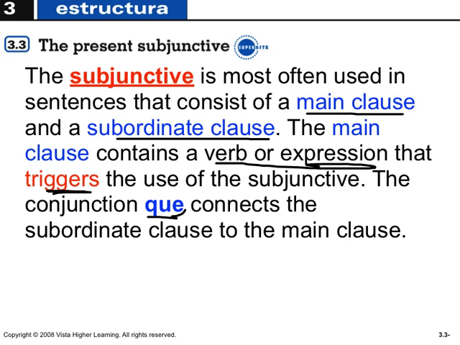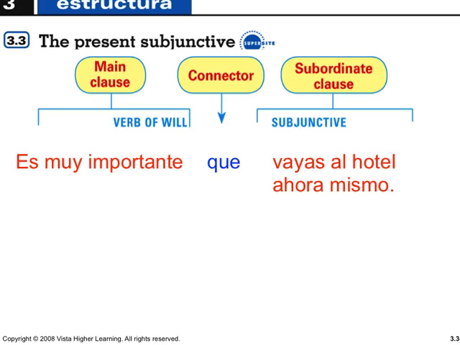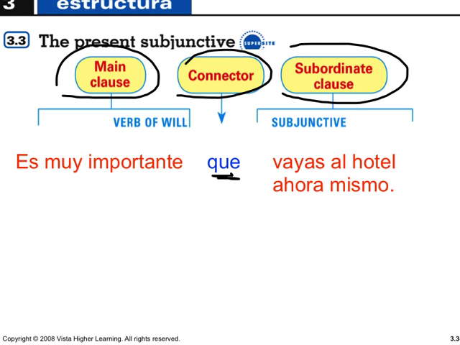The conjunction que connects these two clauses. It's going to be very important to remember that little word, relative pronoun, que. So here's a better look at what I'm talking about. We have a main clause, we have the connector que right here, and we have the subordinate clause.